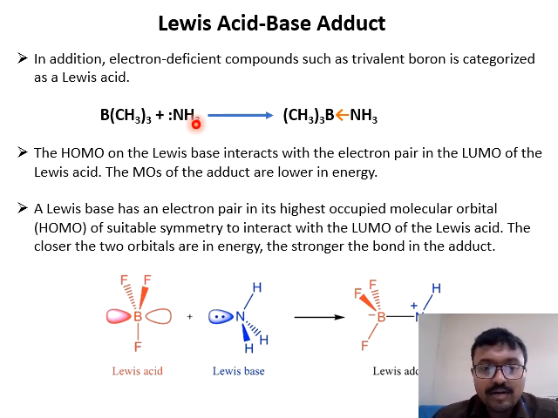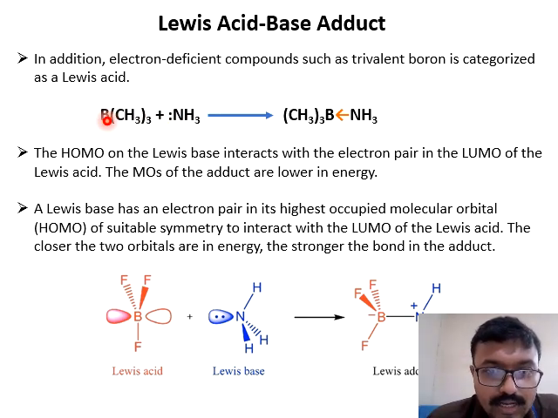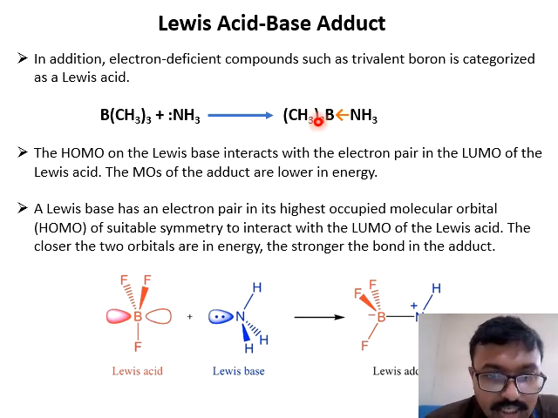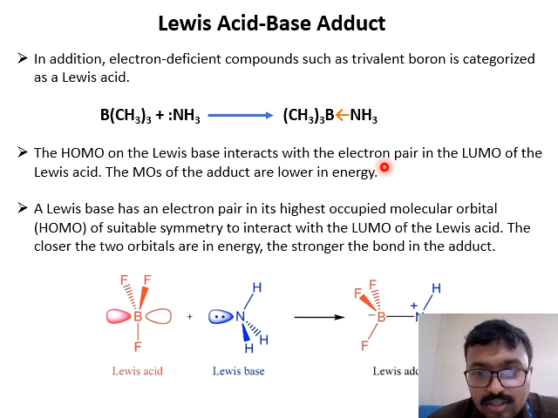If we perform a reaction between these two molecules, boron has a vacant p orbital, and ammonia has a lone pair of electrons. So ammonia donates the electron pair to the boron p orbital, and it forms the adduct. The HOMO of the Lewis base, ammonia, interacts with the electron pair in the LUMO of the Lewis acid.